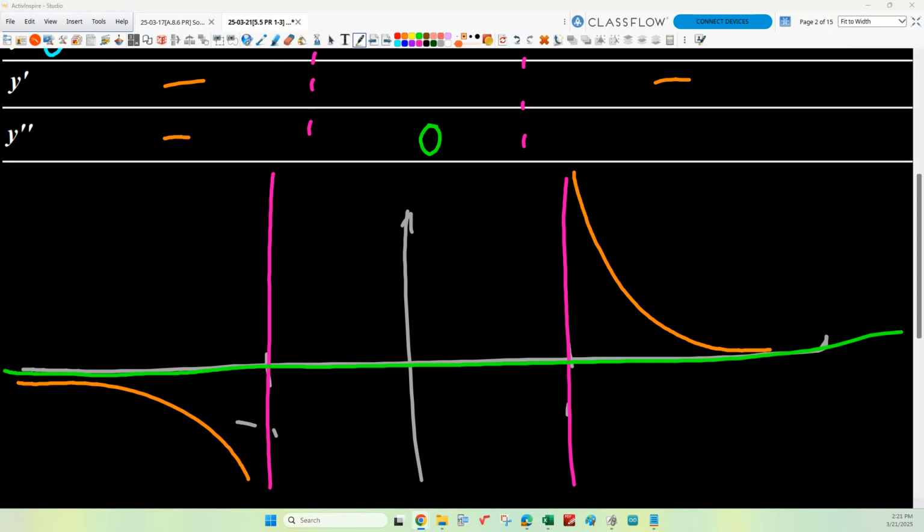You see that it couldn't bend the other way, because then it wouldn't be asymptotic. Everybody get that? So then we haven't tested it yet, but what's the sign of the second derivative guaranteed to be to the right of positive 1? It's got to be positive. It's concave up, and that's guaranteed.